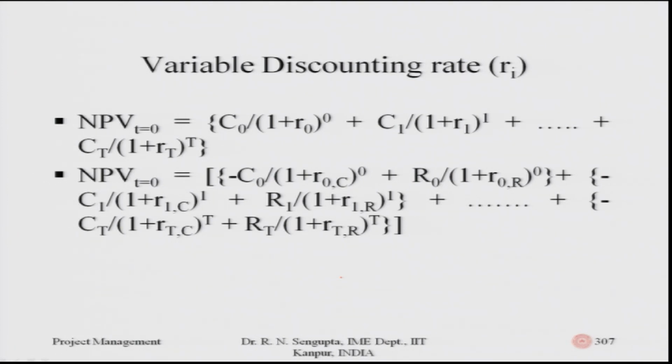So here you see R suffix 0 for the outflows, and R suffix 0 for the inflows. Based on that you calculate the value: minus C0, then minus C1, then minus Ct till the last term, with the discounting terms 1 plus R0, 1 plus R1, till the last term, 1 plus Rt.